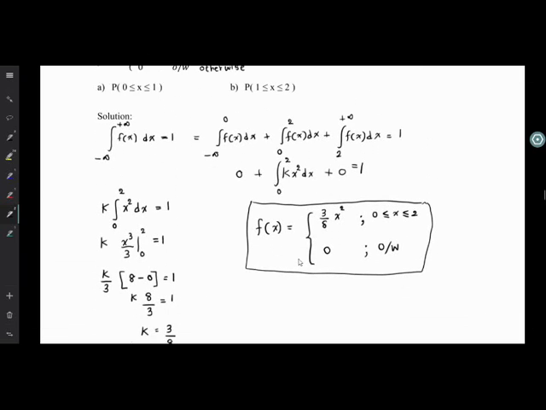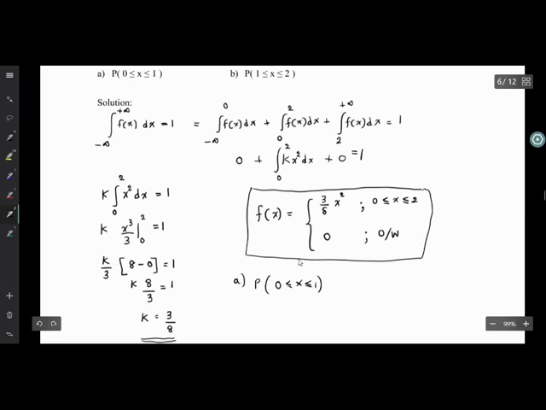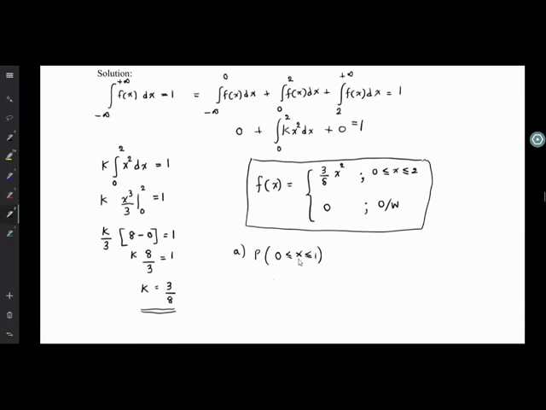Now let's try to find the probabilities. The first one, you have to find the probability that x is from 0 to 1. How do you find that? Now you know the function f(x). You have to integrate it from 0 to 1. So 0 to 1, 3 over 8 x square dx. Let's take the constant outside.